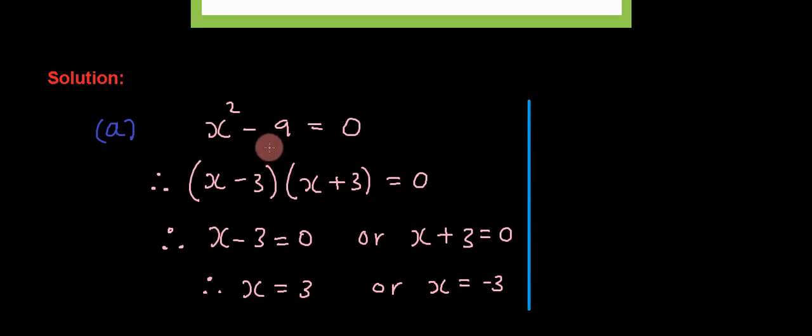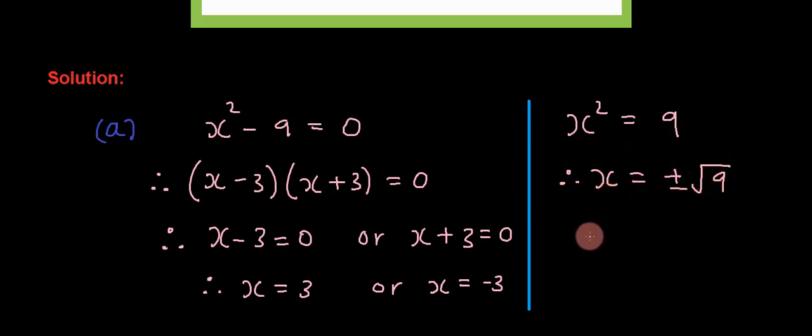Of course, we could have taken the negative 9 to the right-hand side. So x squared will equal positive 9. And then taking the square root on the right-hand side, x is equal to plus or minus the square root of 9, which is plus or minus 3.